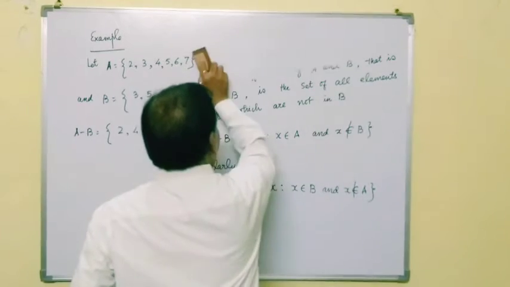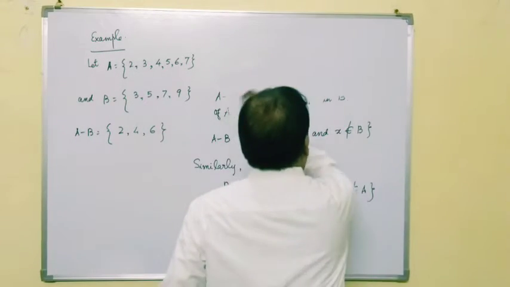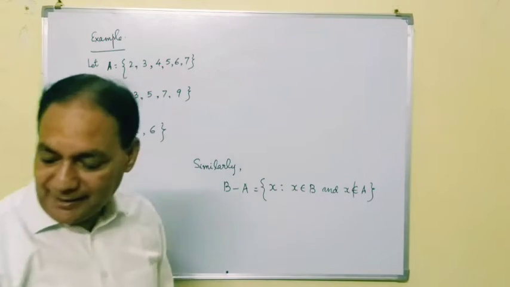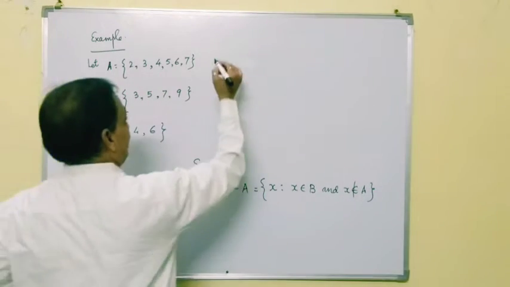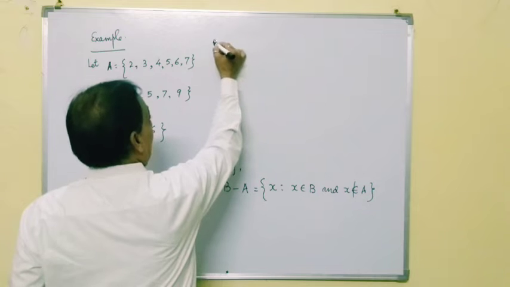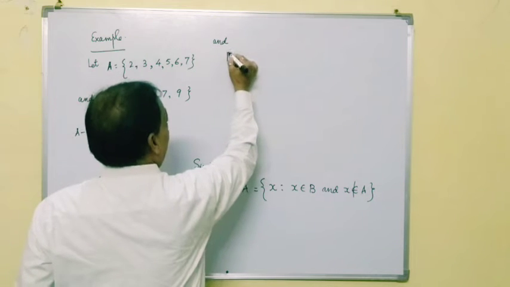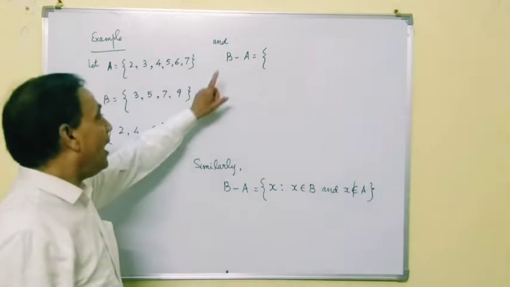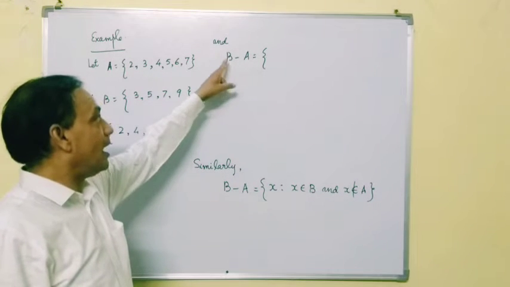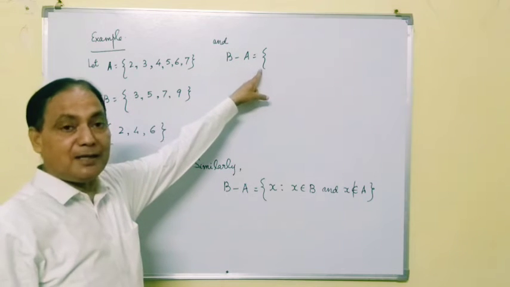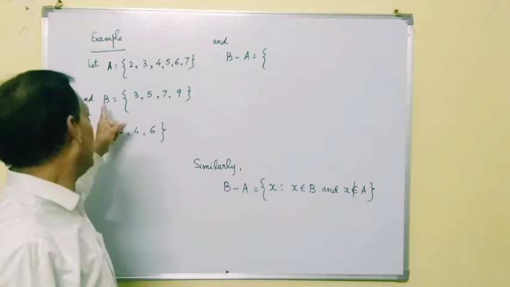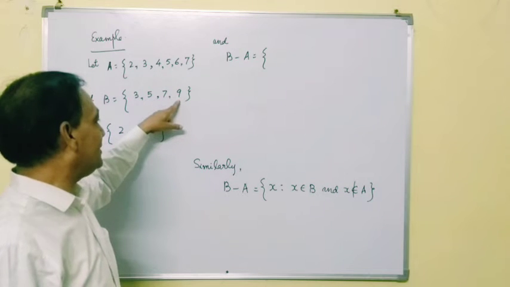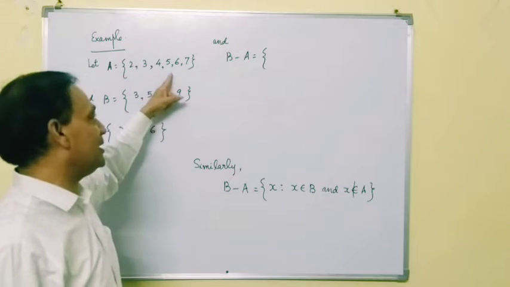Again, we can write B minus A. B minus A means all those elements of B which are not in A. तो elements of B which are not in A, तो इसमें आप देख रहे हैं 9, ये इसमें B में है लेकिन A में नहीं है.